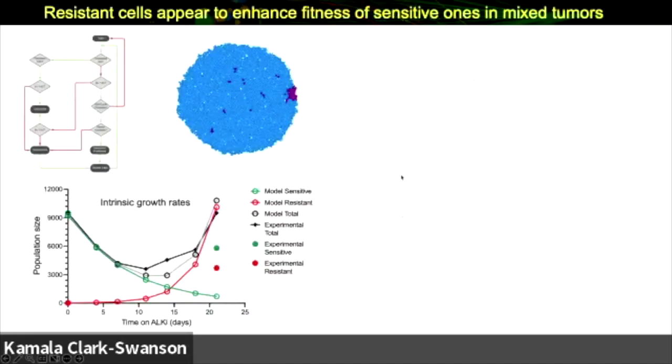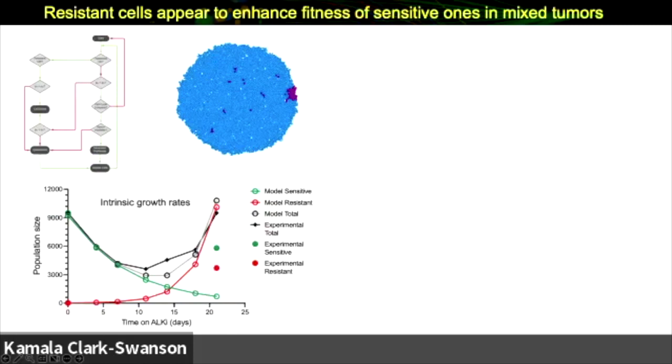And once we tried to do that, predicting growth and change in tumor numbers of the sensitive and resistant cells in those mixed tumors, it looked like there was a huge mismatch between what we would expect based on the growth rates of monotypic tumors and what we observe in these mixed tumors.